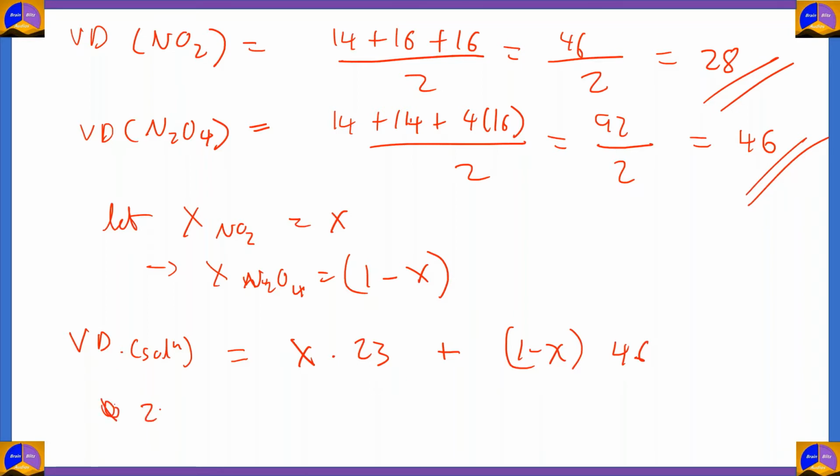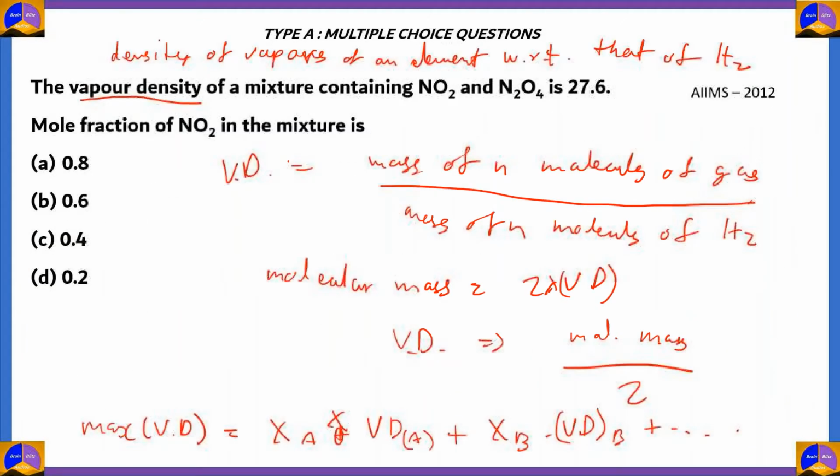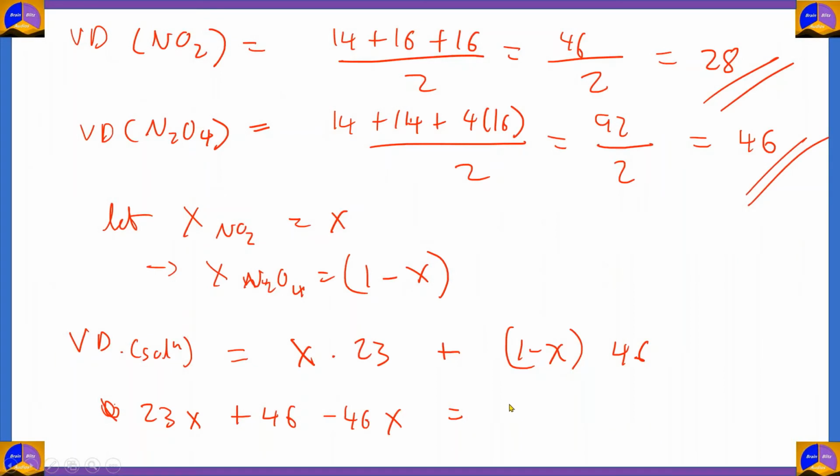So we have 23x plus 46 minus 46x will be equal to the vapor density being 27.6.